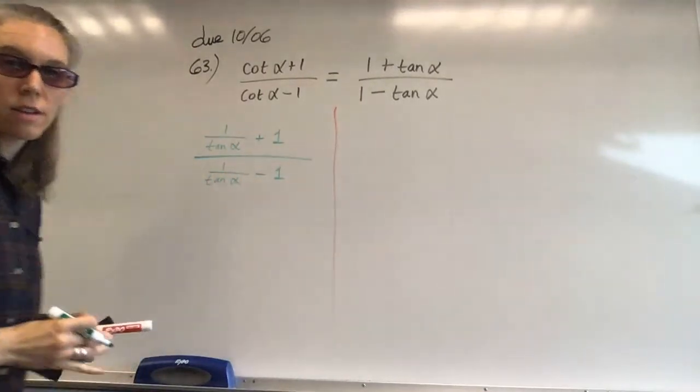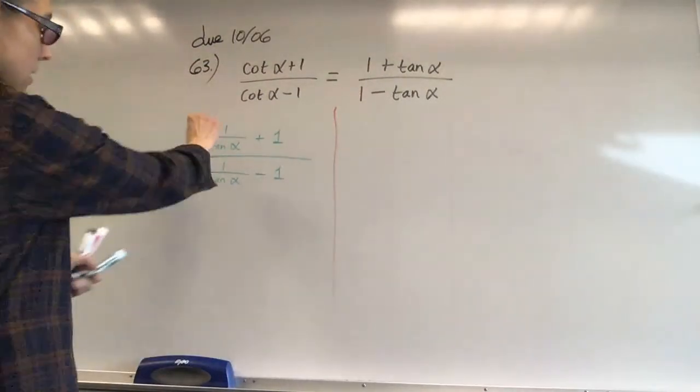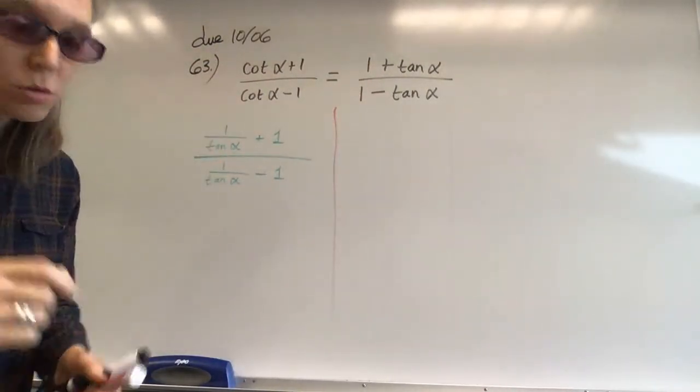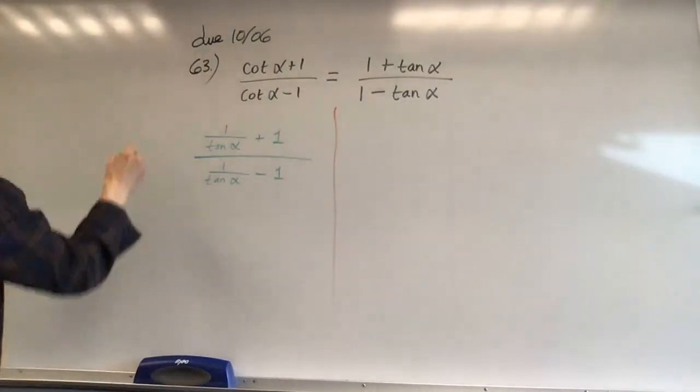Now I have a complex fraction, so I can clear the complex fraction, the little tiny denominators, by multiplying the entire fraction by tangent alpha over tangent alpha.